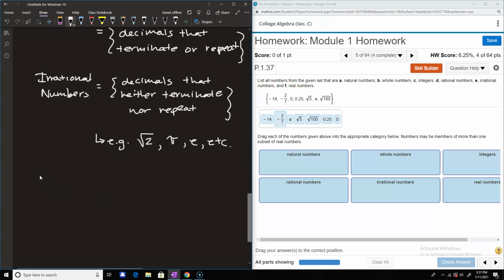Okay, and then real numbers. Basically all the numbers we typically encounter in this class are going to be real numbers. There are imaginary numbers that deal with i, the square root of -1, but real numbers we could think of as any number on the number line.